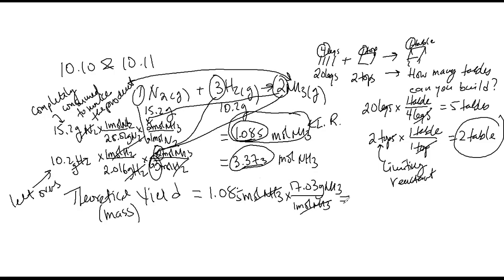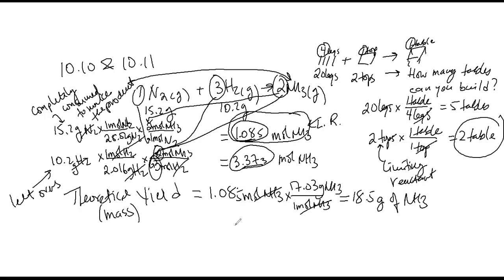So let me get the theoretical yield: it's 1.085 times 17.03. And so I got 18.5 grams of NH3, guys, will be produced in this hypothetical, perfect reaction when you completely turn the reactants into the products at 100%.